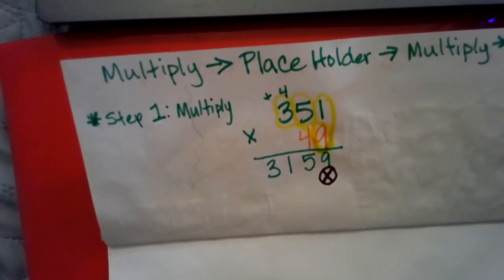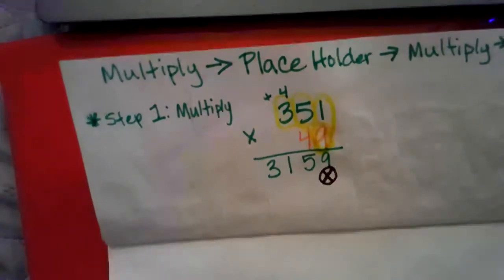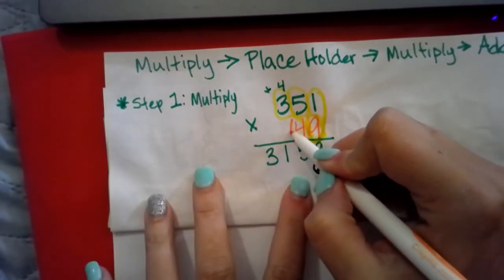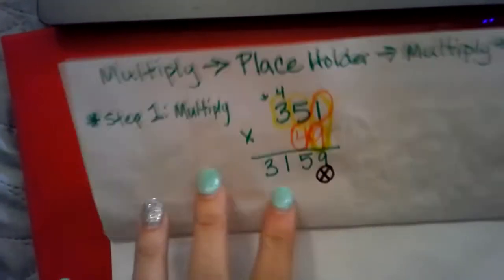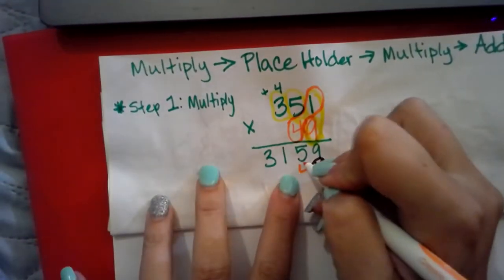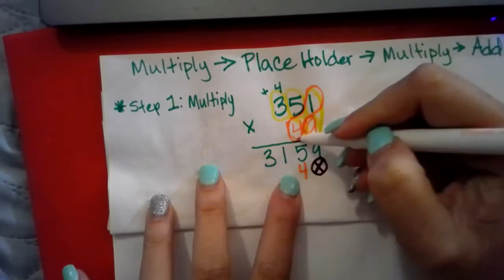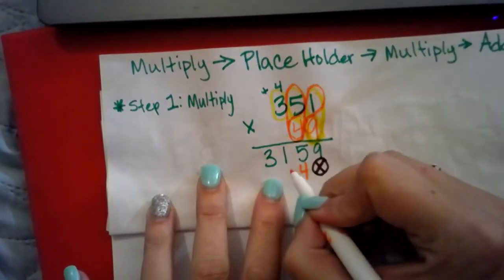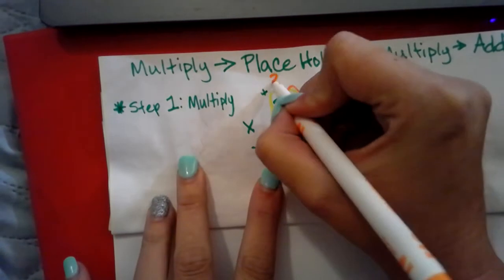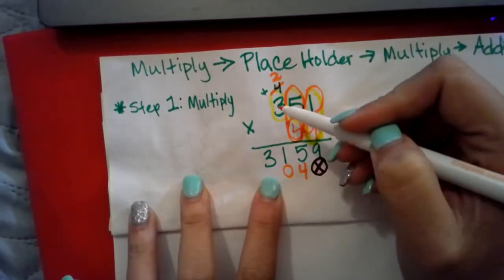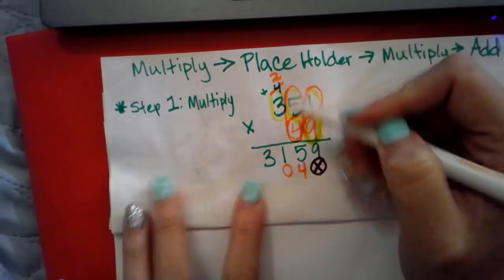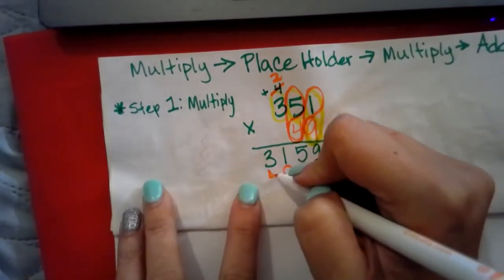So my next step is going to be to multiply this 4 by each of those top numbers. So 4 times 1 is 4. Then 4 times the 5 is 20. Carry the 2. And we already used that 4, so I'm going to mark it off. 4 times the 3 is 12. Plus 2 is 14.